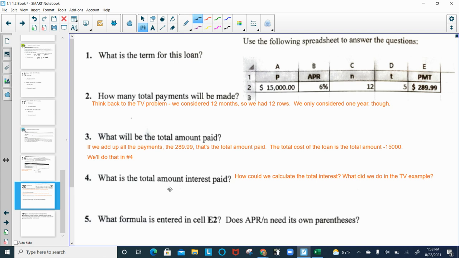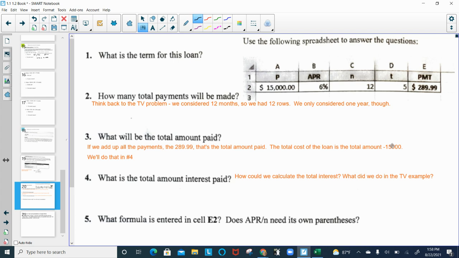Now, in number 4, it says, what is the total amount of interest paid? Well, you have to think about this with the total interest. Remember, the interest is the extra part that you're paying to the lender for being allowed to borrow his money or her money or their money. So if you pay $15,000 as your principal and then you pay a little bit more for interest, that's going to be the amount that you get in step 3.